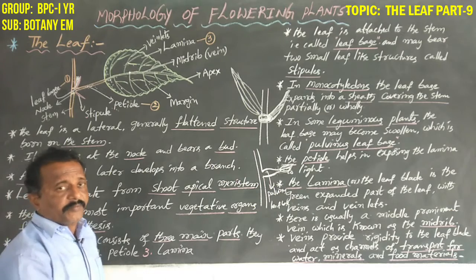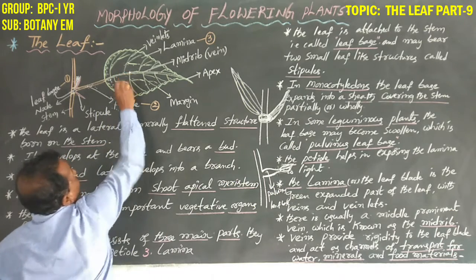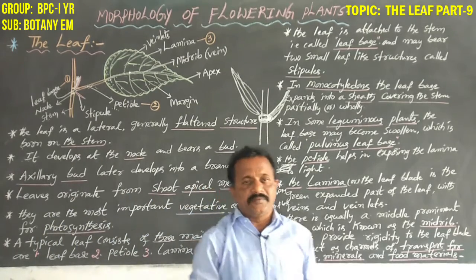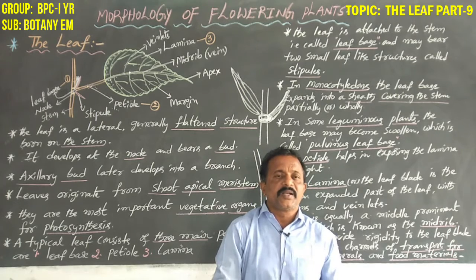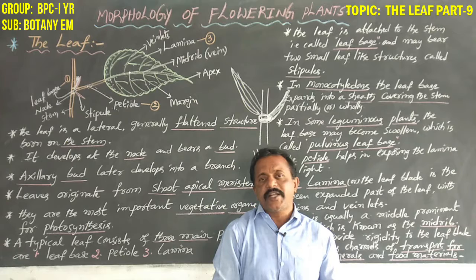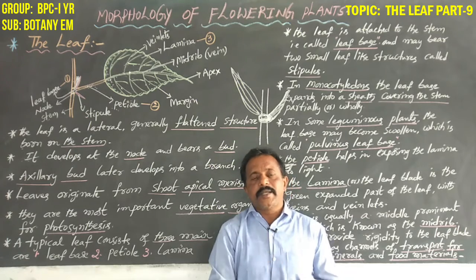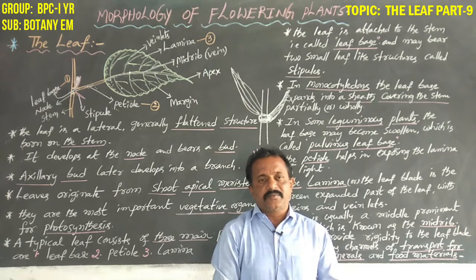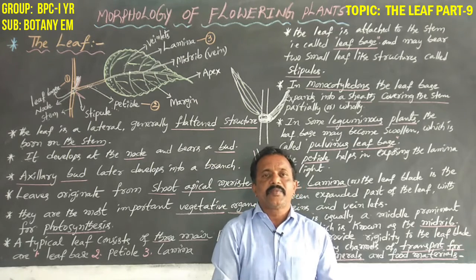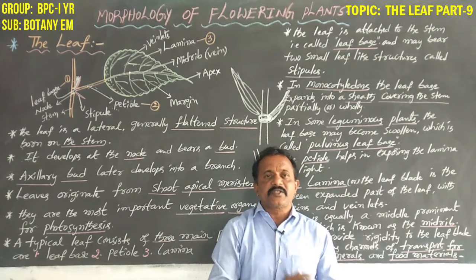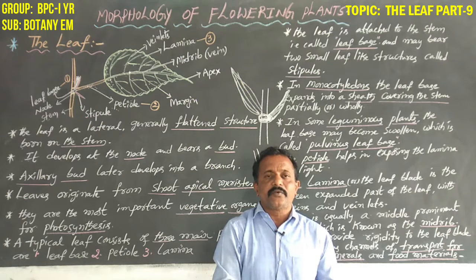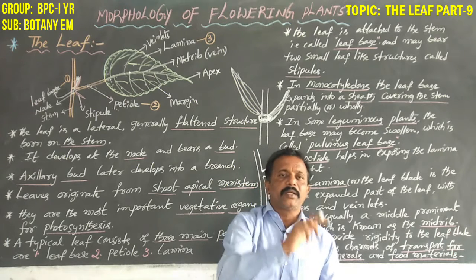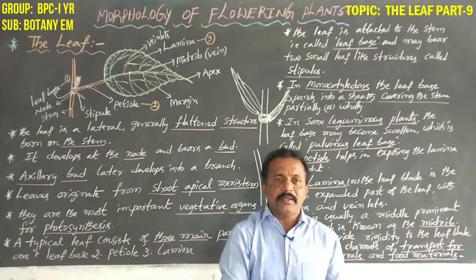These are not exposed externally, but are located internally in the midrib. Xylem transports water and minerals from the root to the leaves, and phloem transports food materials from the leaf to all parts of the plant body.